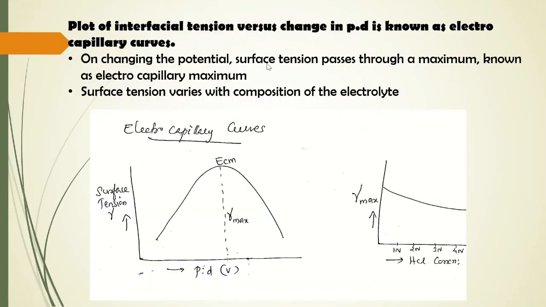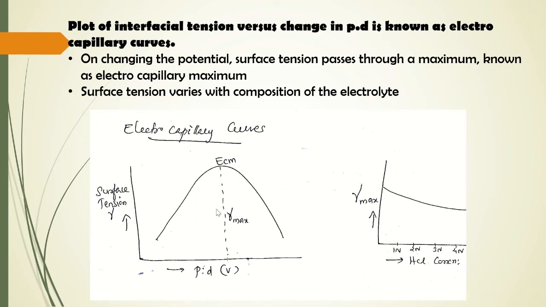From the electrocapillary measurements, you will get the interfacial surface tension and thereby the surface excess charge by plotting a graph of surface tension versus change in potential difference. These curves are known as electrocapillary curves. A typical gamma versus potential electrocapillary curve is almost like a parabola, as you can see here.